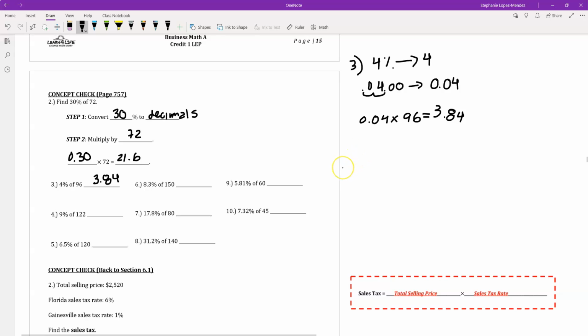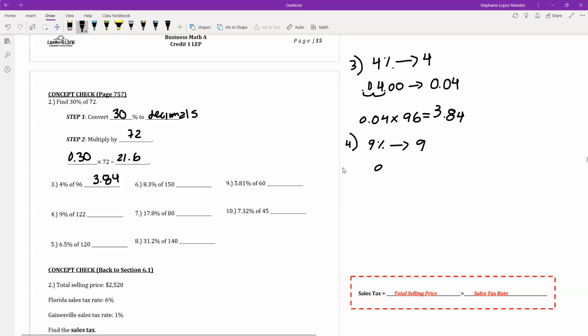Now let's do number 4. Right, number 4, it says 9% of 122. First step again, we write it with a percent, but then we are dropping the sign. So I only have 9.